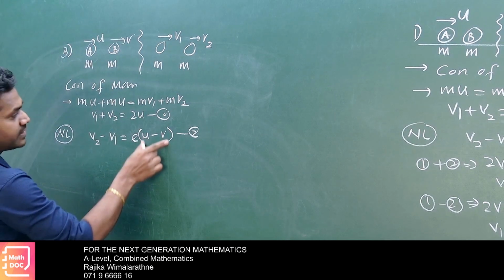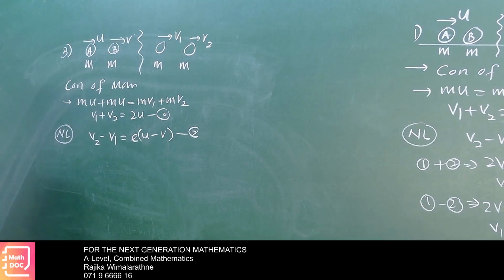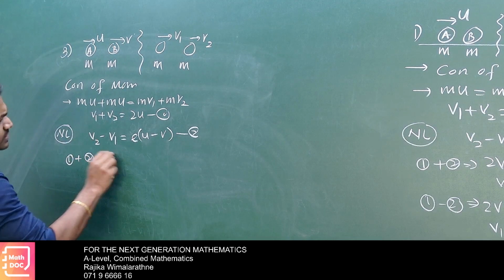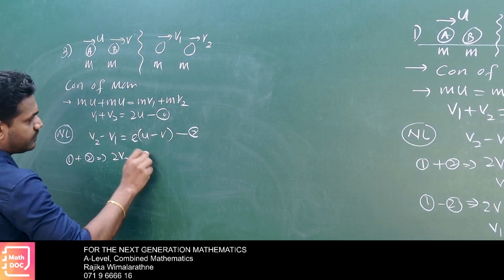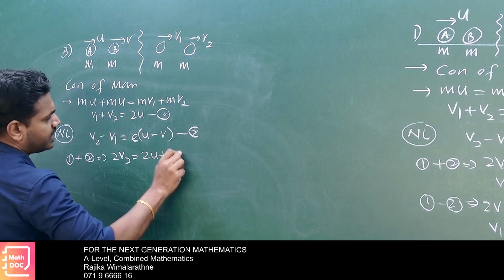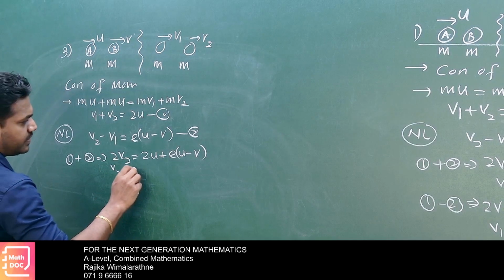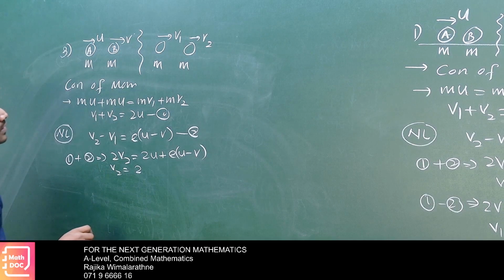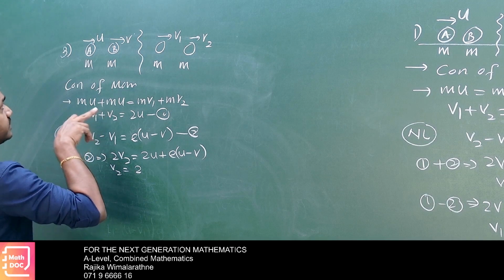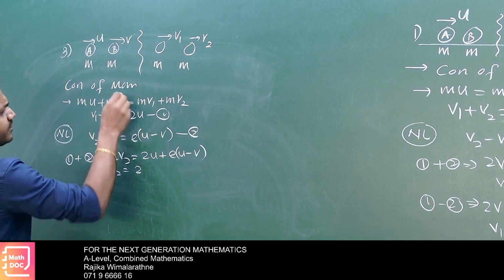Here the relative velocity takes positive values. Then we can solve the simultaneous equations. 1 plus 2: 2v2 equals 2u plus e(u minus v). Here it is not u plus v, no? Here u plus v.